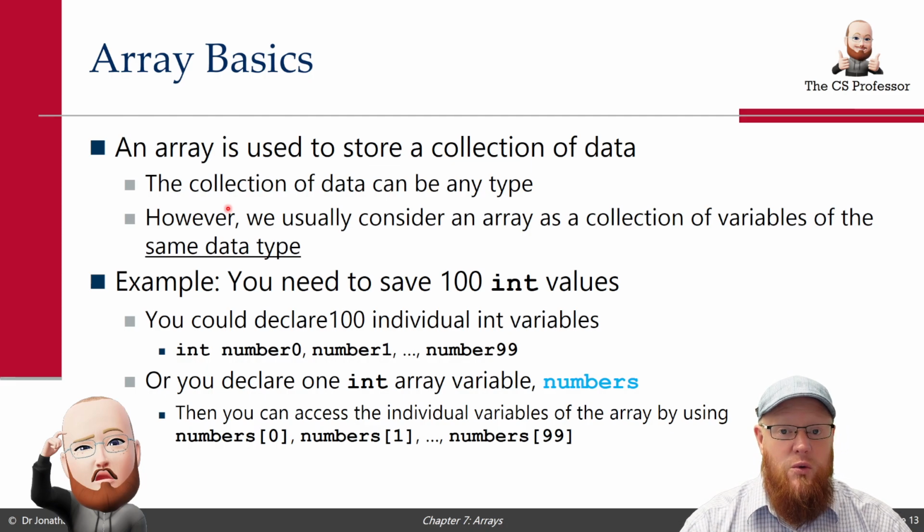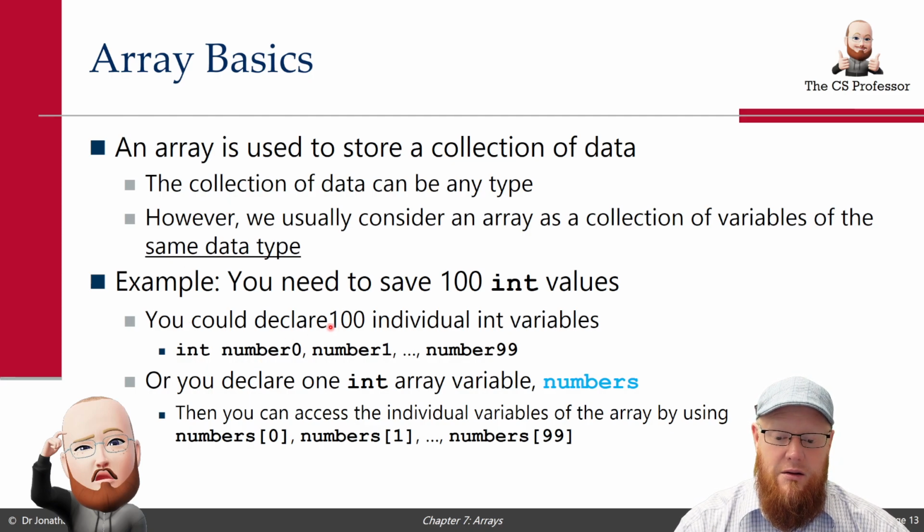This collection of data we're going to store can be of any data type. But for now, let's just say that it must be the same data type. So you must have an array of just integers, or an array of doubles, or an array of strings, or an array of Boolean. When we get to OOP, we can have an array of student object references. But for now, an array of these data types that we know.